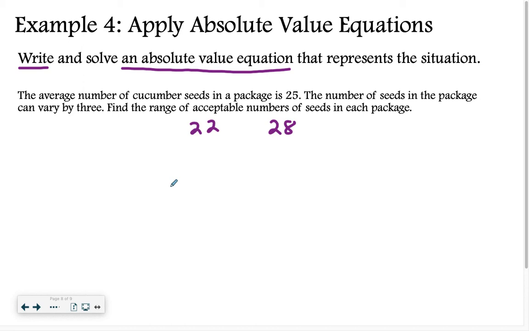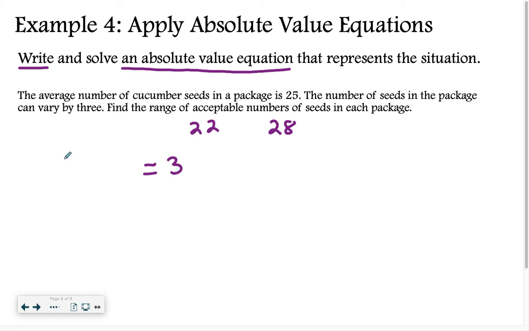So if I know that the average number of cucumber seeds in a package is 25, and the number of seeds can vary by 3. So what you're going to do is, in this equation, whatever number something can vary by, that's the number that's on its own. Okay, that's the equals blah, blah, blah.